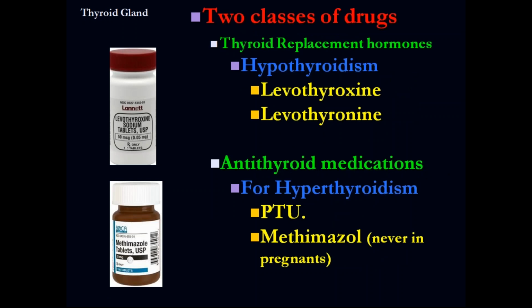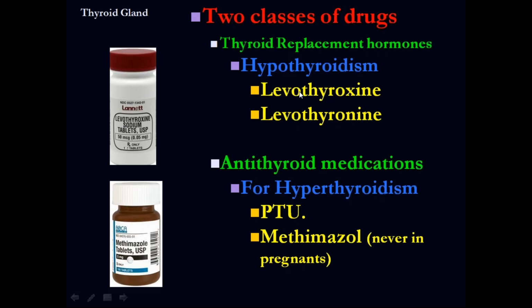All right, so here we have the two medications that we are going to talk about today, levothyroxine and liothyronine. Listen to this. Thyroxine alone is the normal T4 hormone that we produce in the body. But it is made in the pharmacy as levothyroxine.